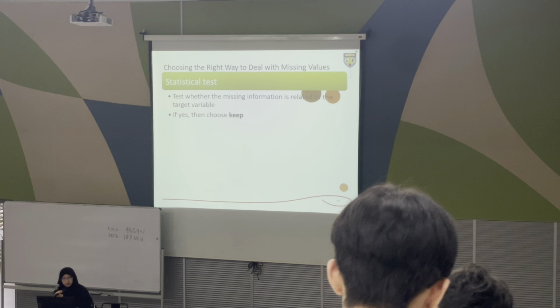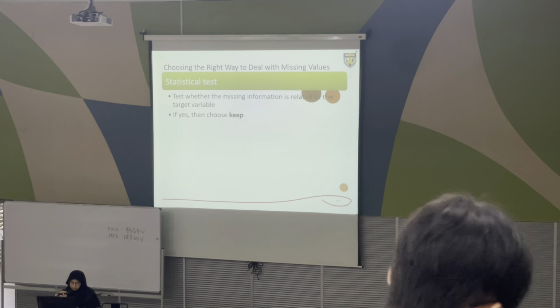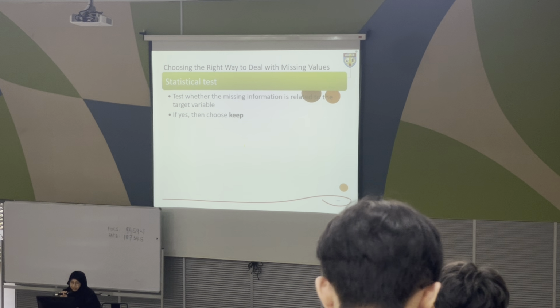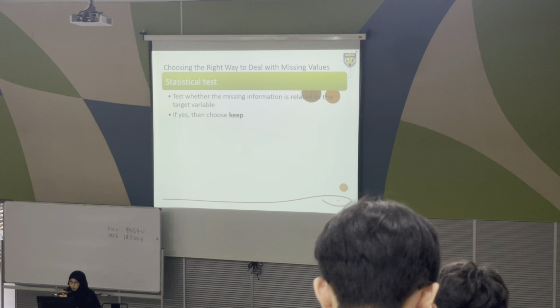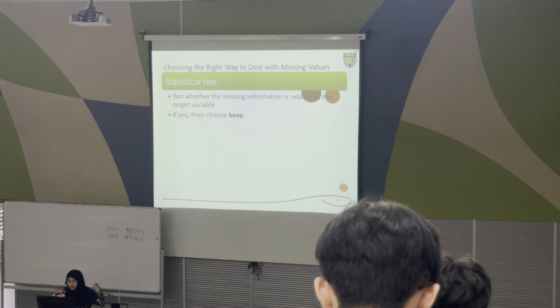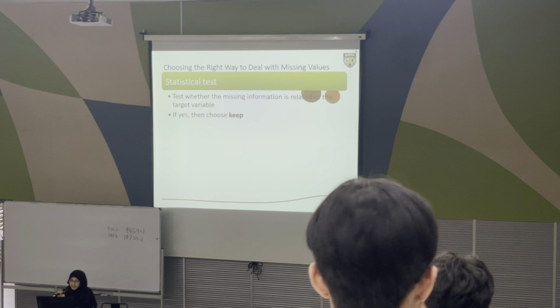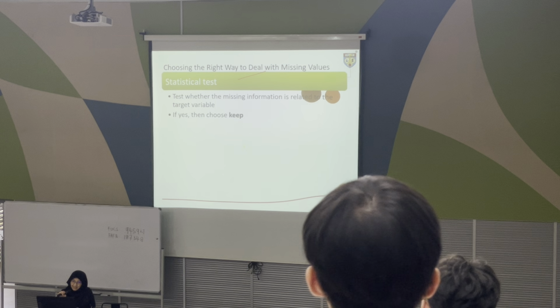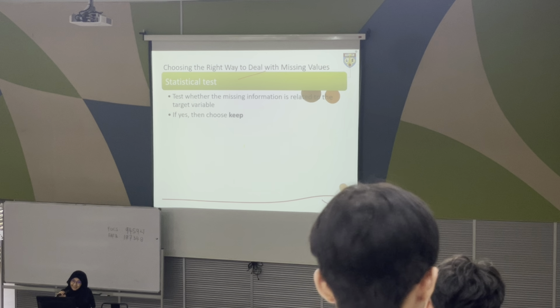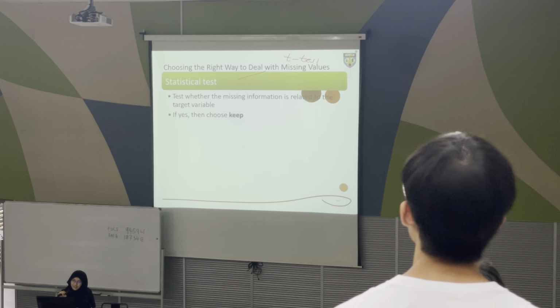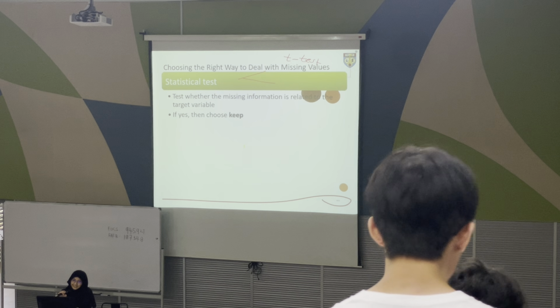So the first procedure that you can use to decide whether to keep or delete the missing values is by using statistical tests. So you can use what? The student T-test. What else? Z-score.